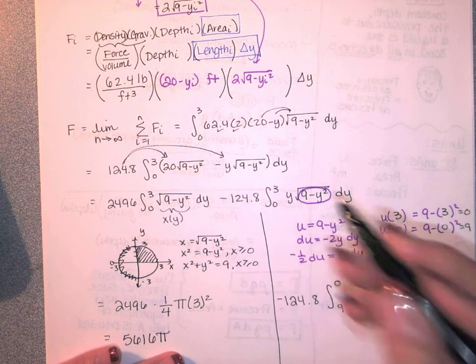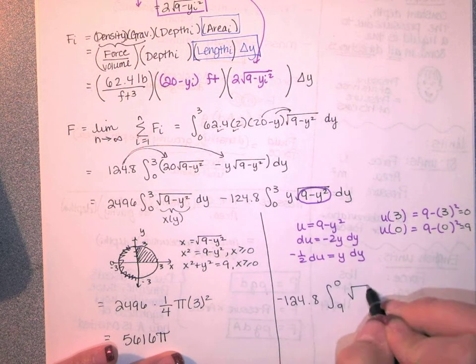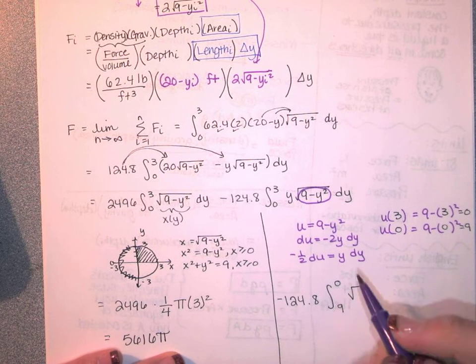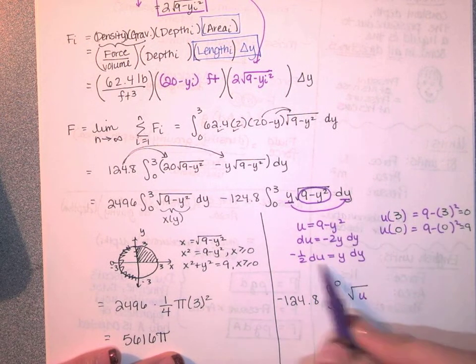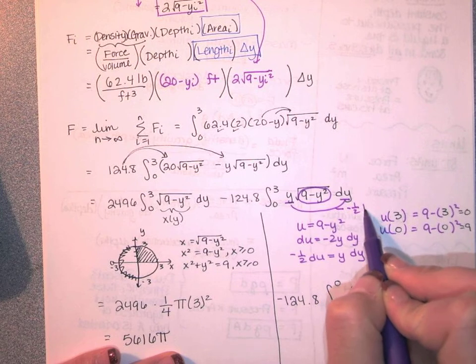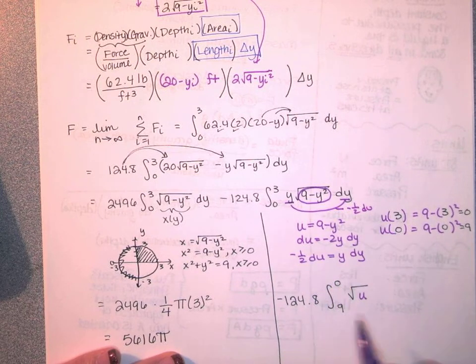This is the square root of u. And this y times dy, according to this, that's negative 1/2 of du. That's what we found right here. So we could divide by negative 1/2 and put a du off to the far right.